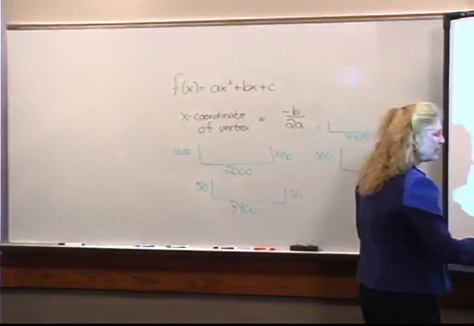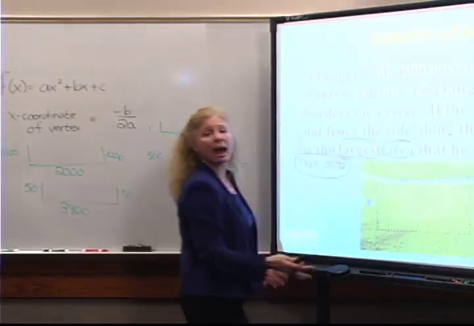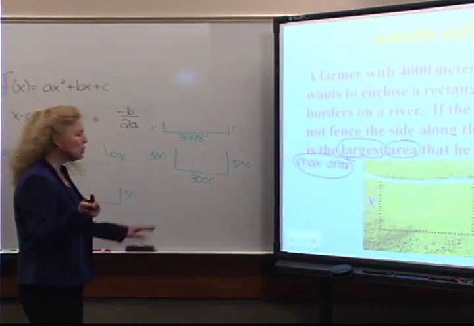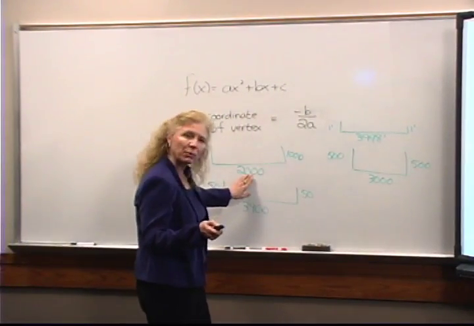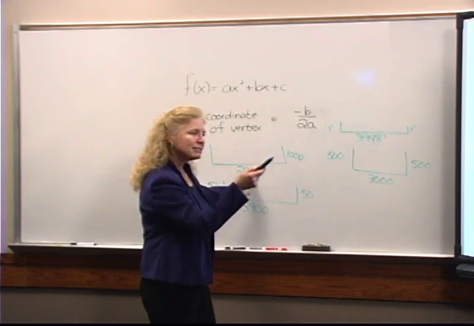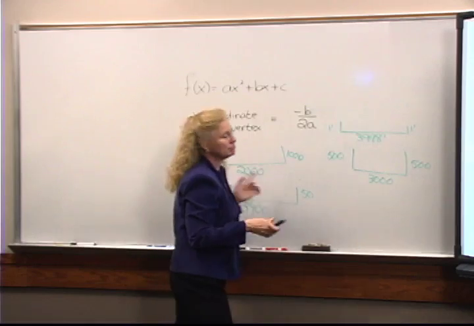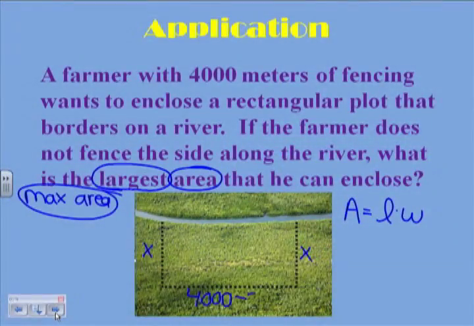So how about if I call this guy x, and then this guy would also be x? And then what did I do every time to get this other dimension on my rectangle? I subtracted these two from 4,000. Okay, so 4,000 minus 2x.